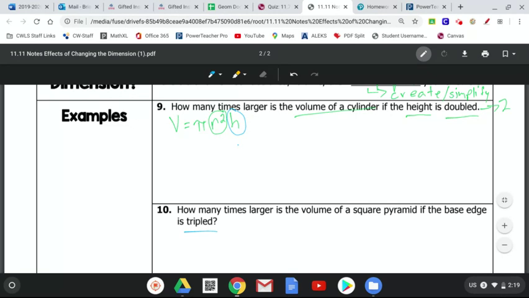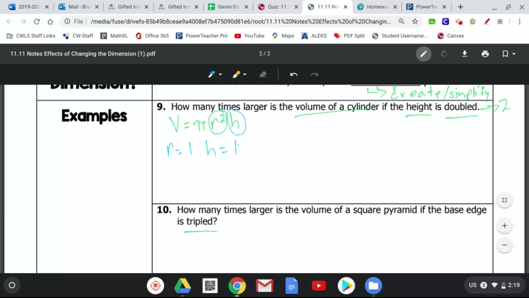Anytime you see doubled, tripled, quadrupled, or multiplied by 5, you always want to start out and make your variables 1. That's the simplest way to do this. We have two separate variables here, radius and height. The easiest way is to make them 1.